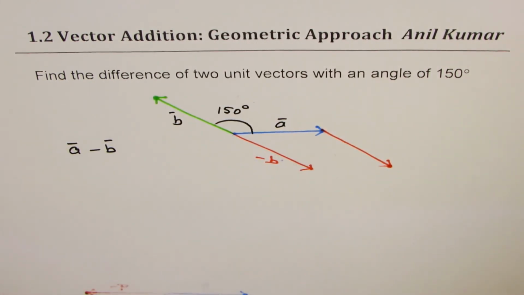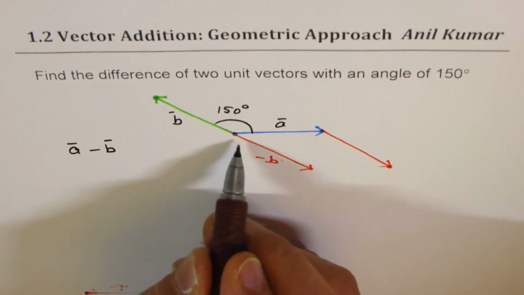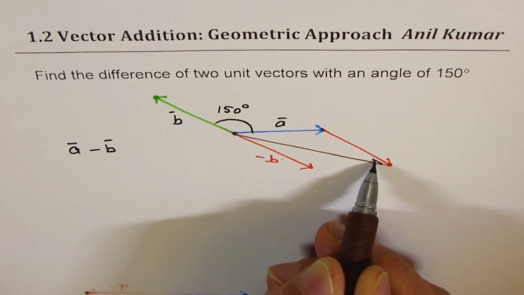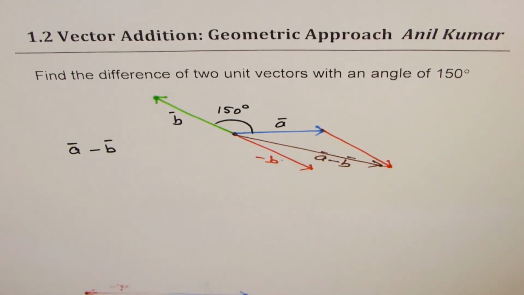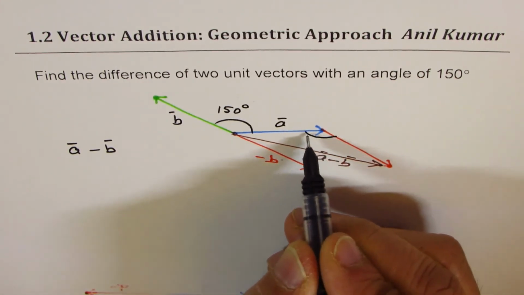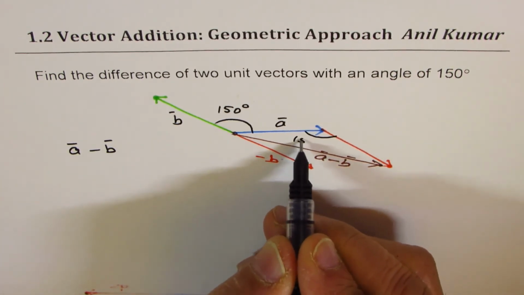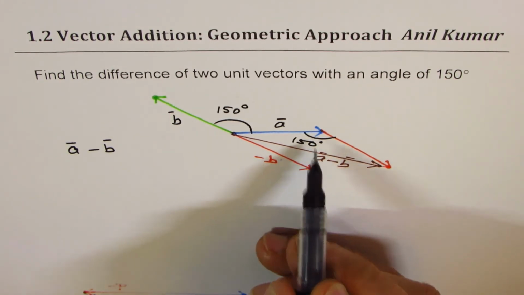And so the resultant is starting from your initial point to the end point. So that becomes A minus B. Is it okay? That becomes A minus B. And you will notice in this particular case that the angle, which is this angle, is 150 degrees. Right? So whenever you do A minus B, then applying cosine law, you have to use the same angle.